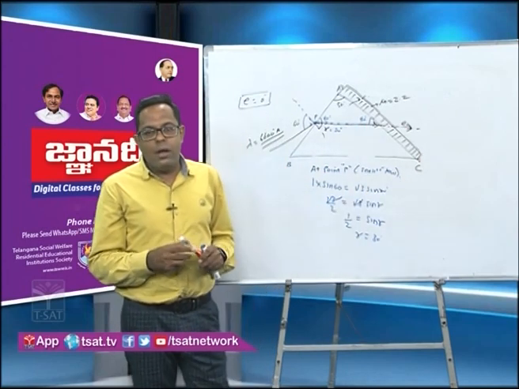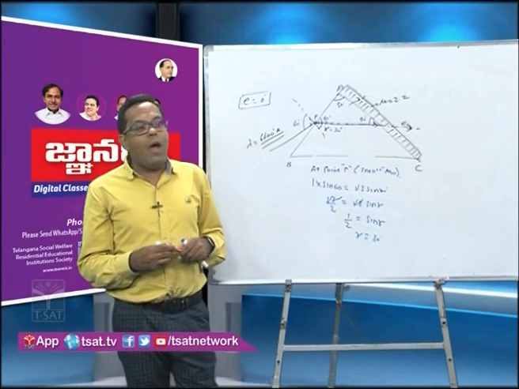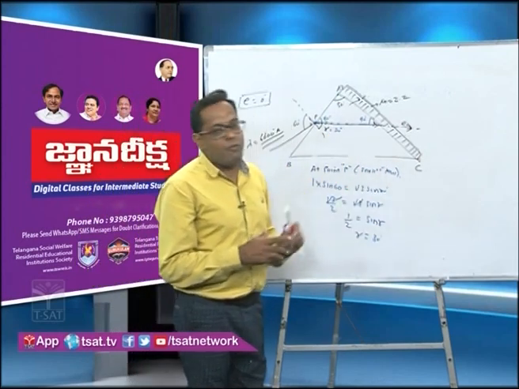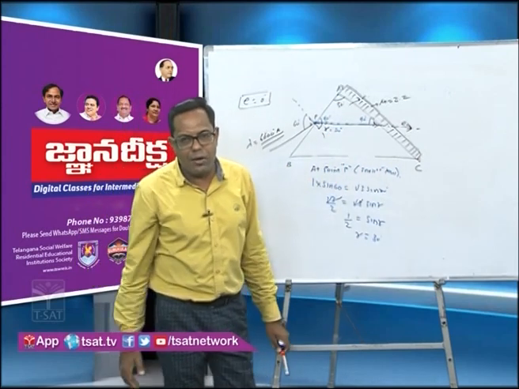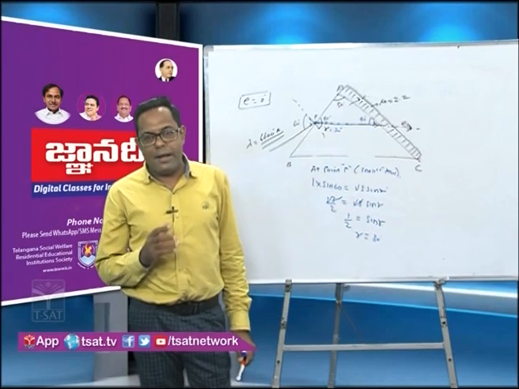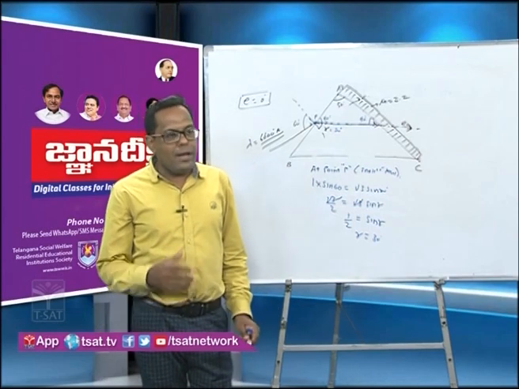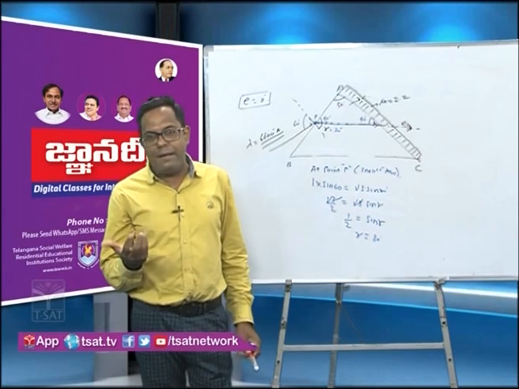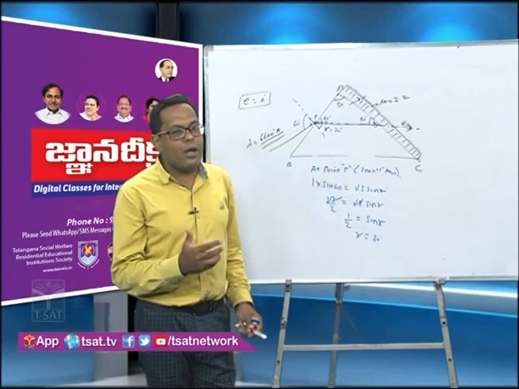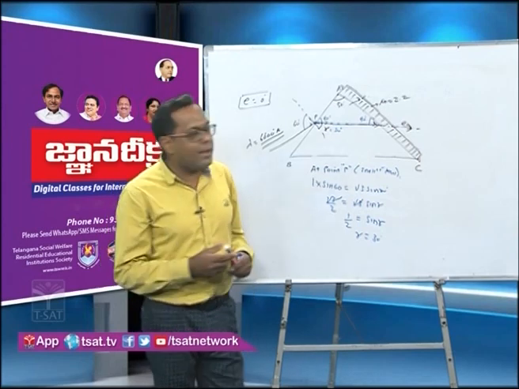Now you know that for the light to have the maximum intensity, constructive interference should occur. And what is the condition for constructive interference for transmitted or refracted waves? It is very simple.